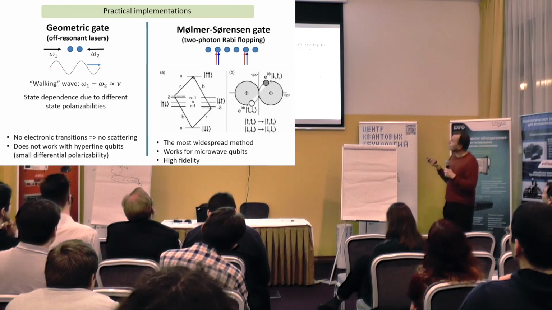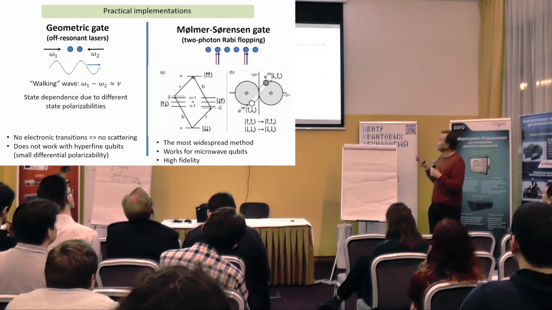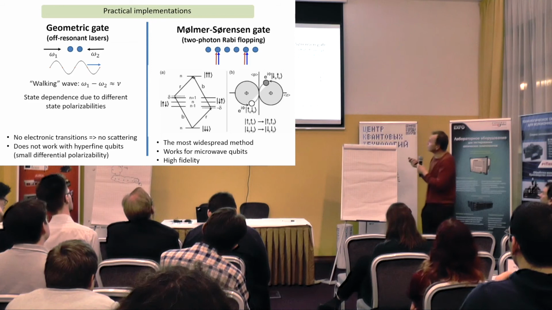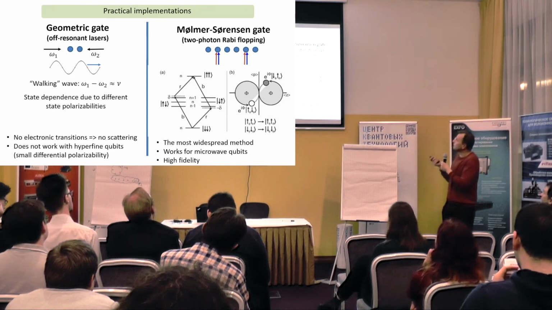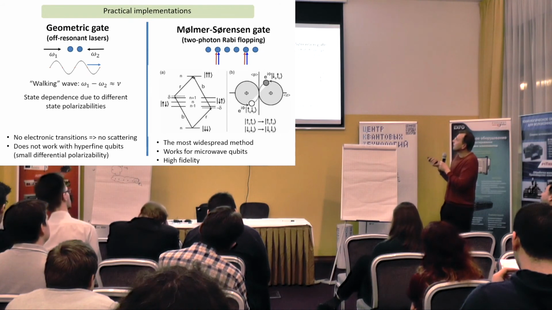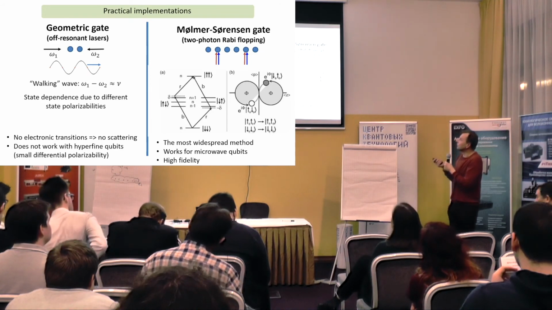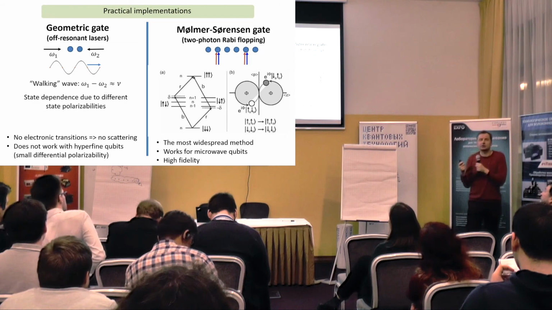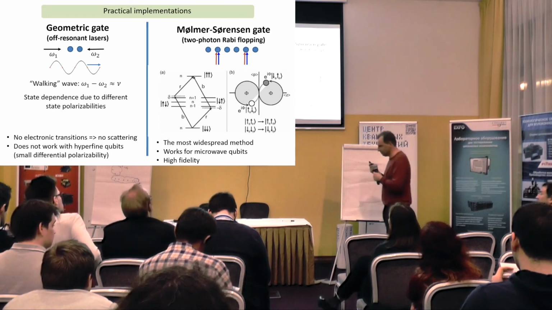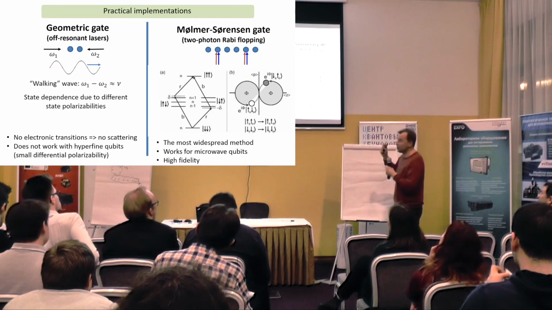One can work with the so-called geometric gate. It's also quite similar to the Mølmer-Sørensen gate. When two off-resonant lasers are a little bit detuned, with two different frequencies, you have a so-called running standing wave.